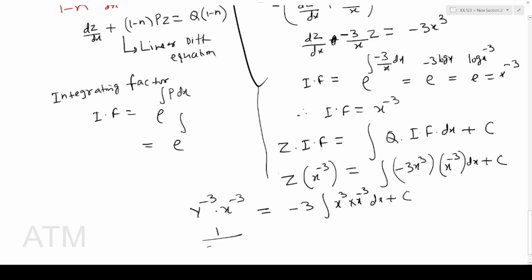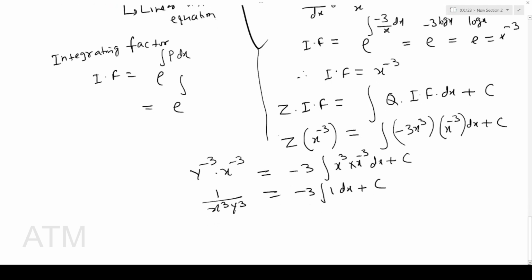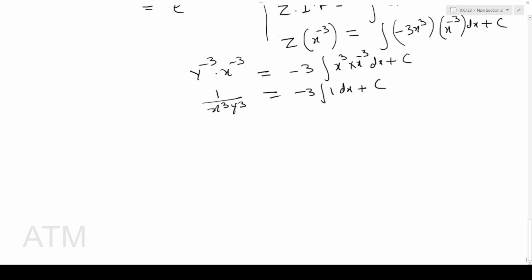So this becomes 1 upon x cube y cube equals minus 3 times integration of 1 dx, plus c. So that equals 1 upon x cube y cube minus 3x plus c.